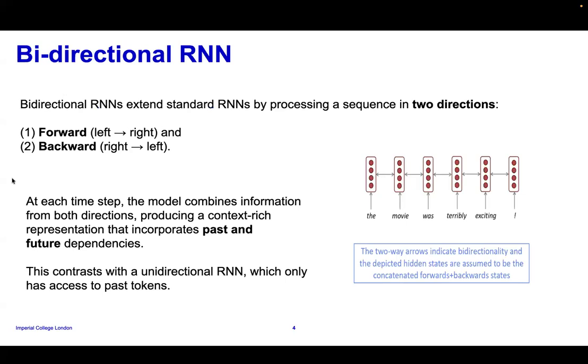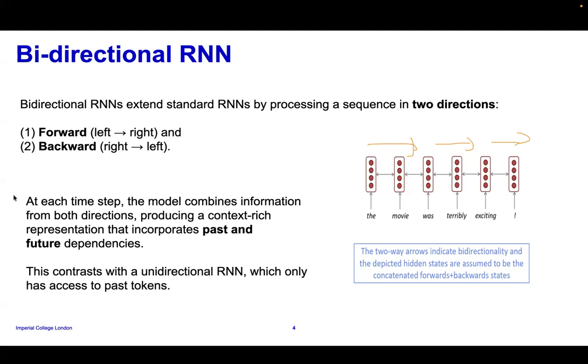One of them is that it's slow, and it only goes in one direction, forward. To solve that issue, we now have bidirectional RNN, and in this way it has access to tokens from both left and right.